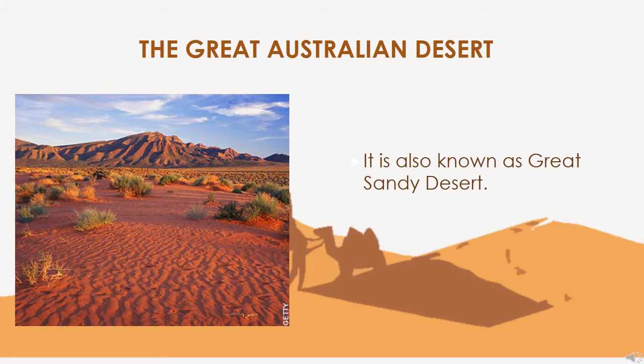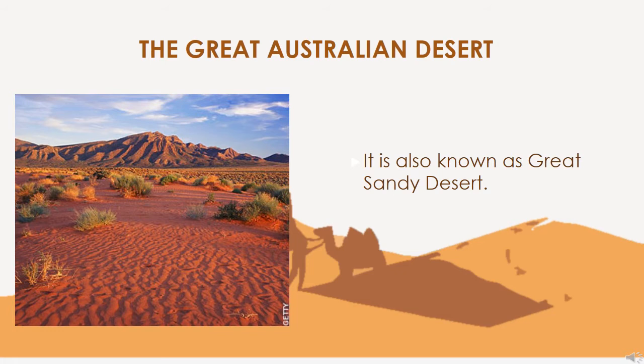The Great Sandy Desert, the picture I am showing you on the screen, is located across northwest of Central Australia. It contains two of the country's most famous parks, the Rudall River National Park and Uluru-Kata Tjuta National Park, where the famous Ayers Rock is located.